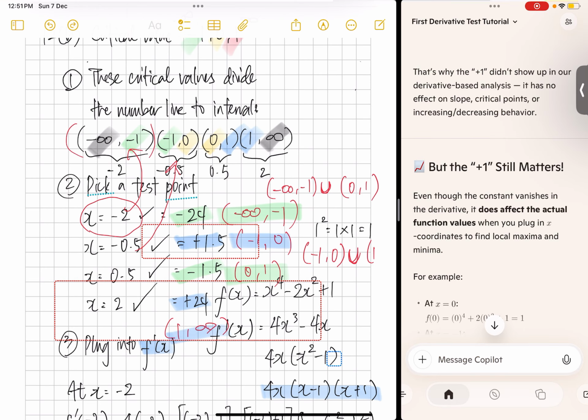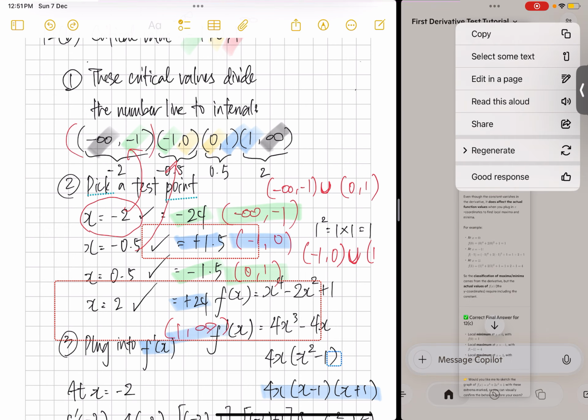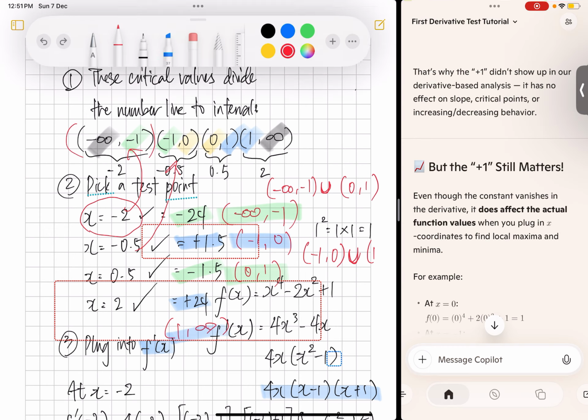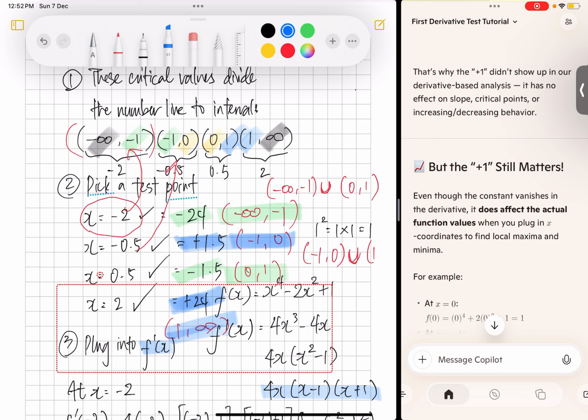They're increasing because this is positive, right? So they are increasing. Wait, let's see here. This is positive, positive. This is positive, therefore the one that is increasing is this one.